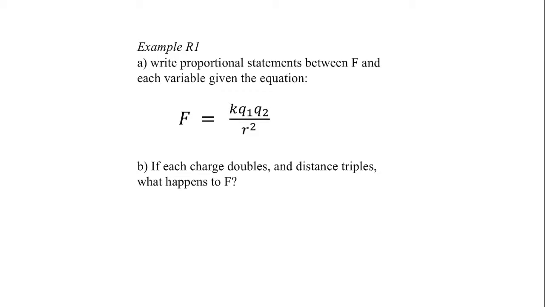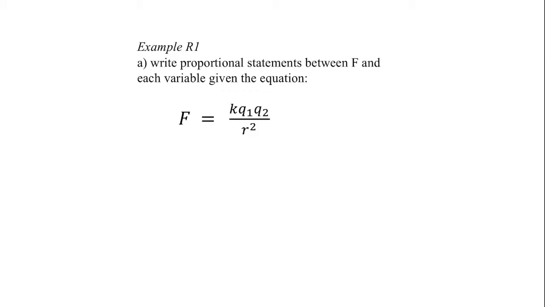So for example, what's the relationship between F and Q1, F and Q2, F and R? I'm not going to look for the relationship between F and K because K is a constant, okay?